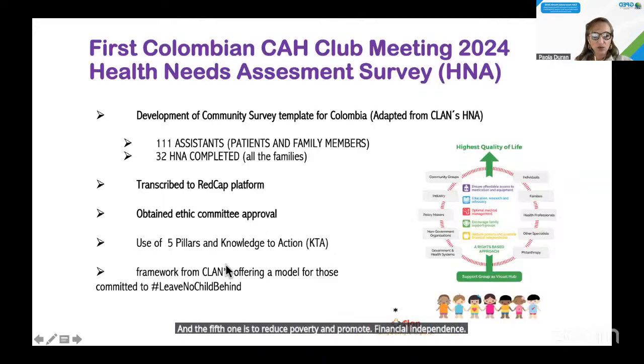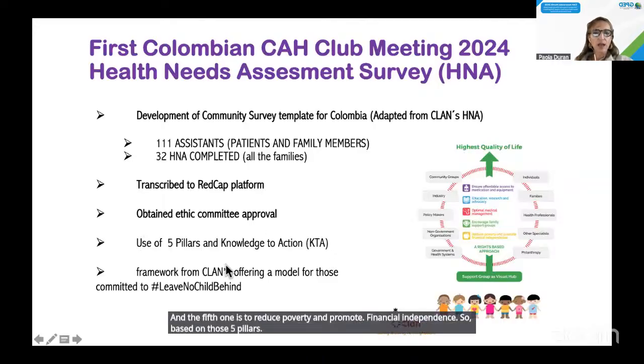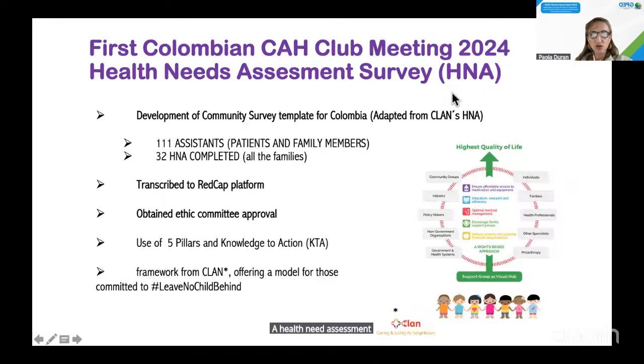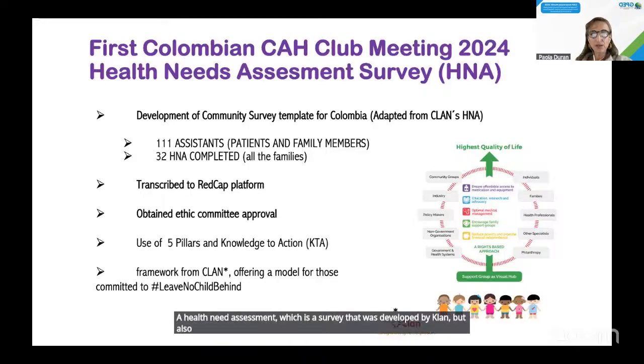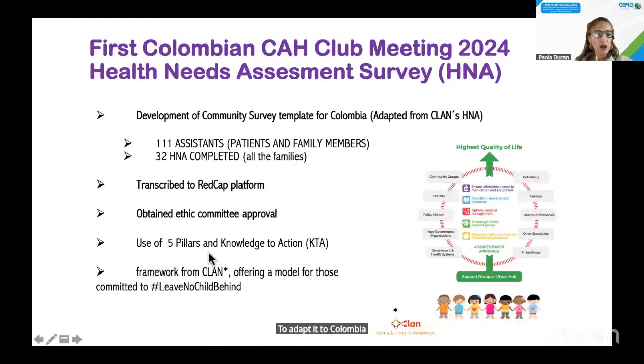So based on those 5 pillars, we used the health needs assessment, which is a survey that was developed by CLAN but also adapted to Colombia. We did a pilot study with 7 families to adapt it to Colombia, and then we got an ethics committee approval.